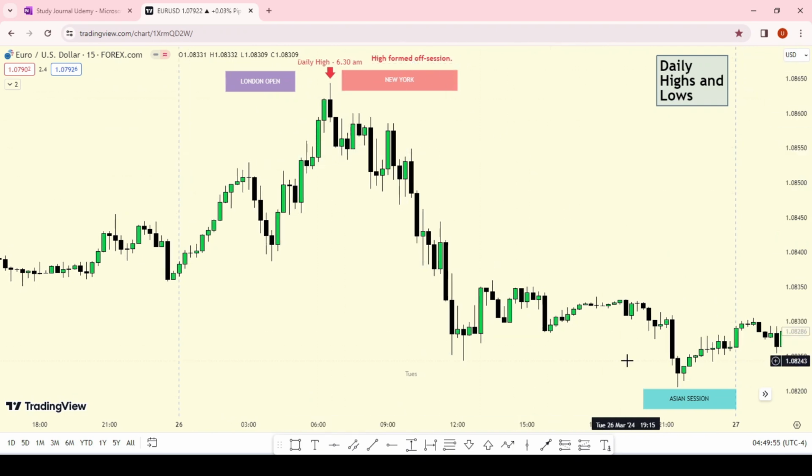So for instance, this was the daily high, and the daily low essentially, maybe we can move this one lower.